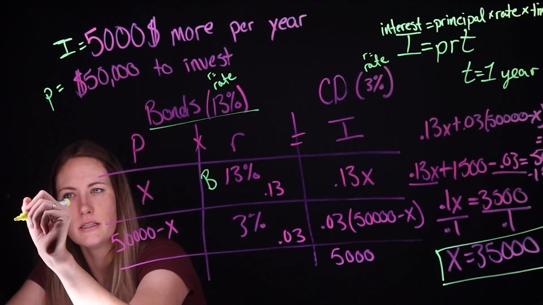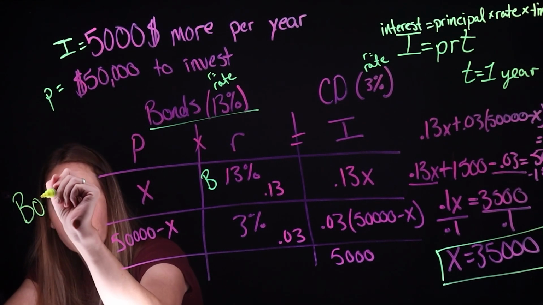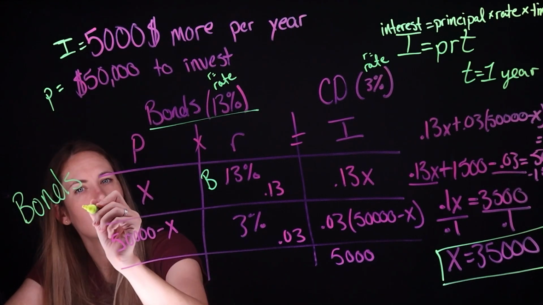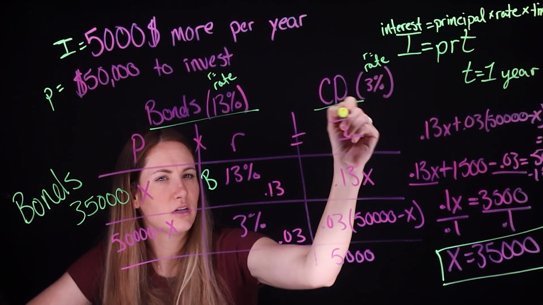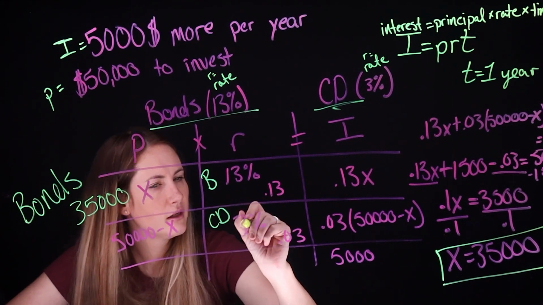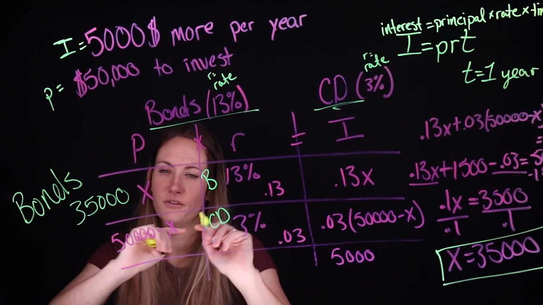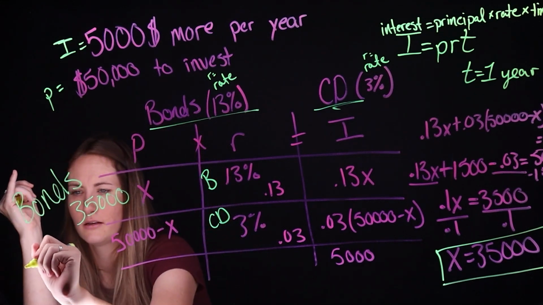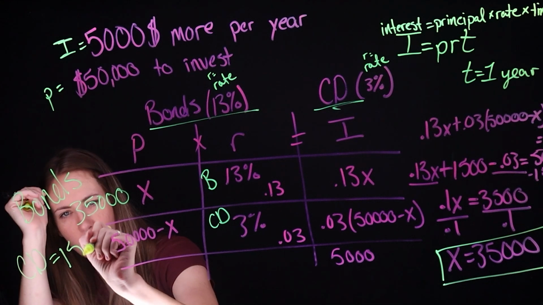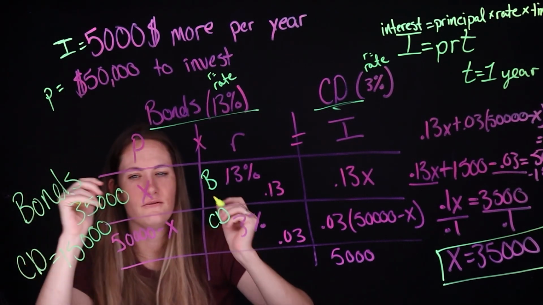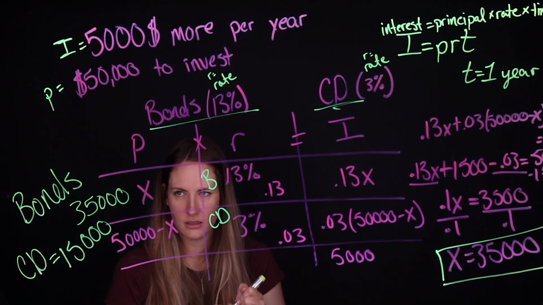So our bonds are 35,000. Now our certificate deposits are right here at 3%. So it's 50,000 subtract this is going to give us 15,000 that was invested at 3%.